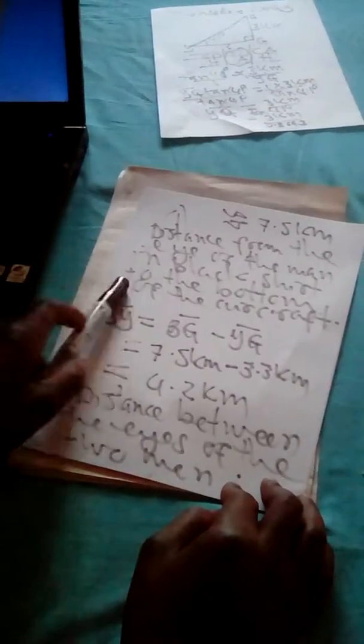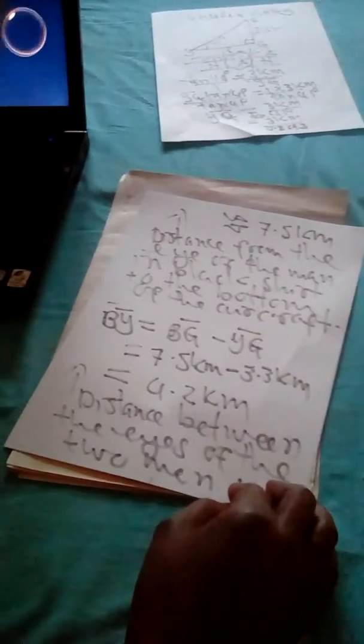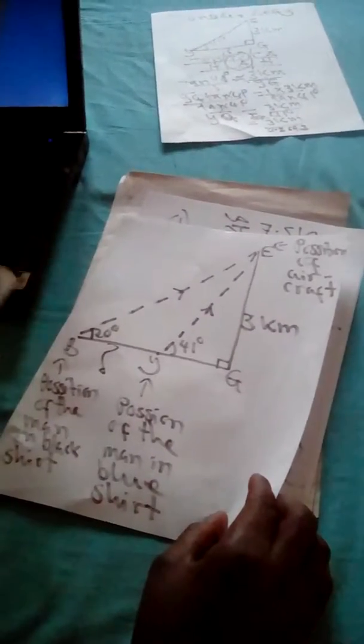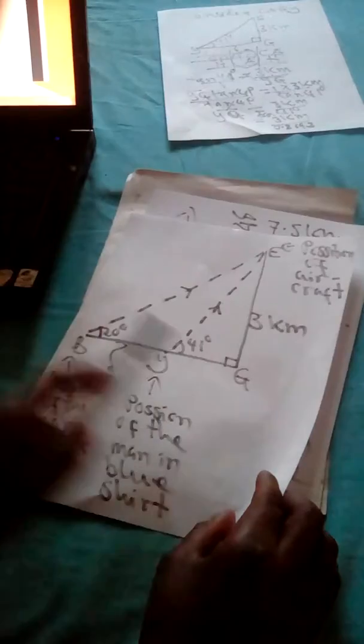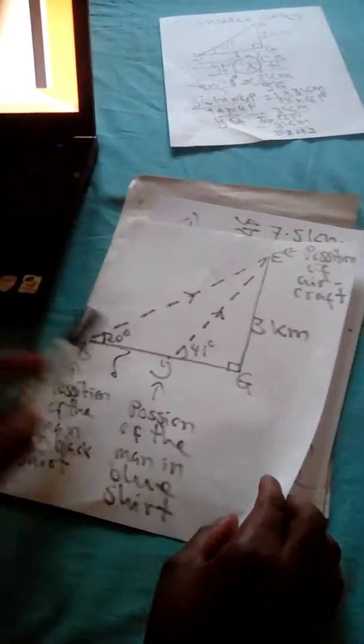This will be the distance from the eye of the man in black to the point just at the bottom of the aircraft. It is this distance here, distance BG, which is 7.5 kilometers. Now, we have this distance BG, 7.5 kilometers, and we have this distance YG, 3.3 kilometers. And we want to find this distance BY.